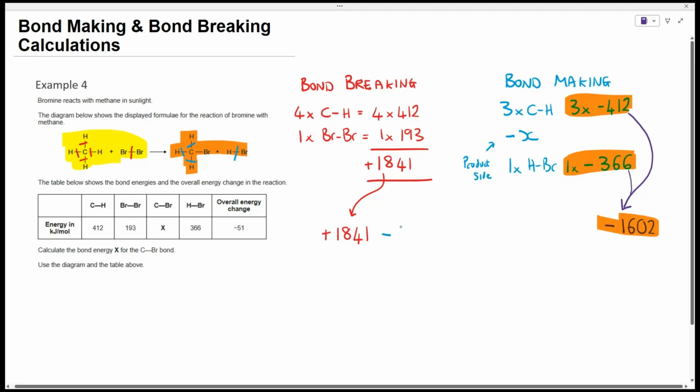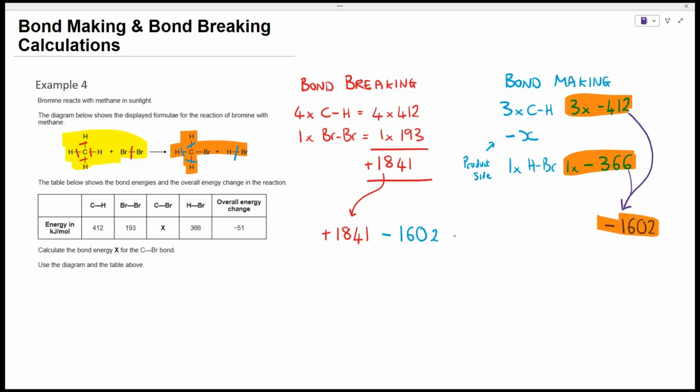So I've got the minus 1602, which is straight from there, and I've got the minus x. All of that is going to equal the answer to the question which is given to us on this right hand side here. So that is negative 51. So once I get to this point, it's 1841 minus 1602 minus x equals minus 51.